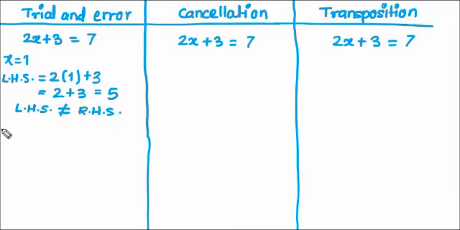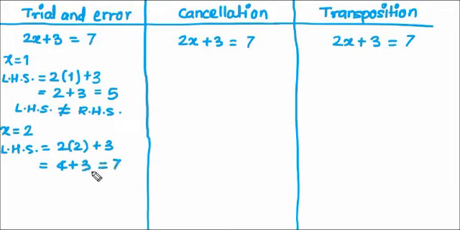So let's now take x is equal to 2. Now LHS is equal to 2 into 2 plus 3, that is 4 plus 3, which is equal to 7. And we got LHS is equal to RHS.